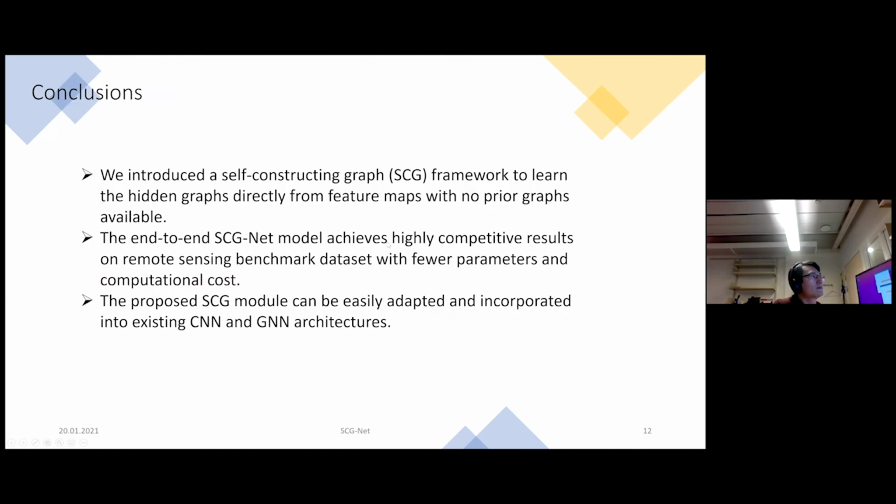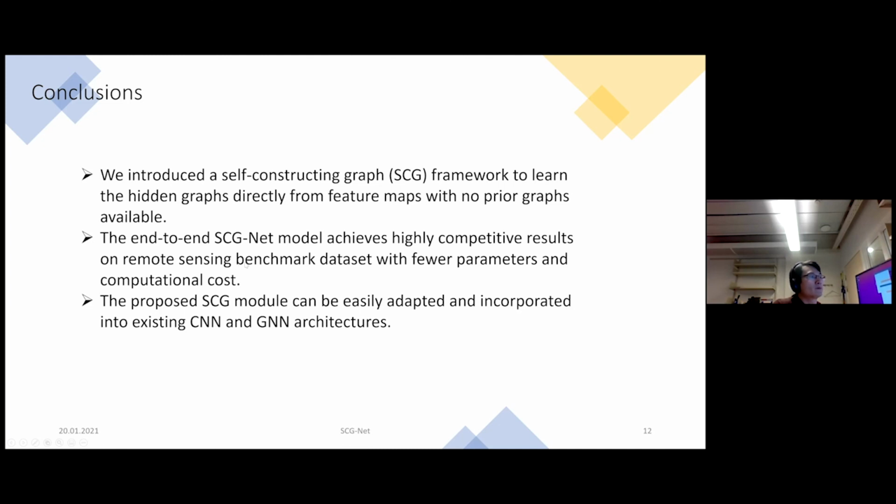So to sum up, basically here we proposed a novel structure, the so-called self-constructing graph framework. This can learn the hidden graphs directly from the 2D feature maps without any prior graphs available.